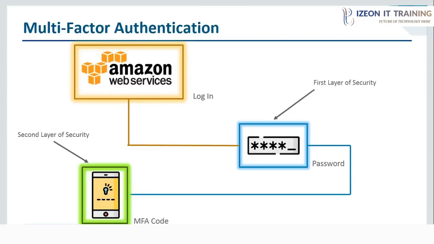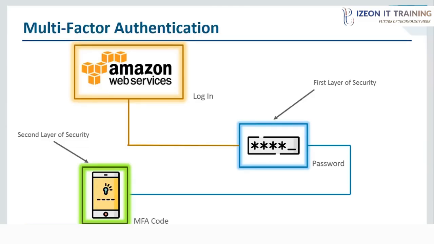And so those of you who are from the IT background, you can relate to it, right? But if you want to go through a simpler way, you can actually create a virtual multi-factor authentication device. And to create that in your AWS is pretty simple. You just have to download an application called Google Authenticator on your phone, and you have to connect that application to your AWS account, and that is it.